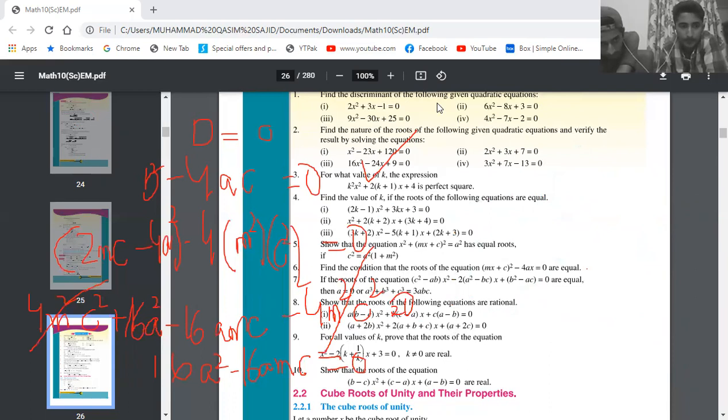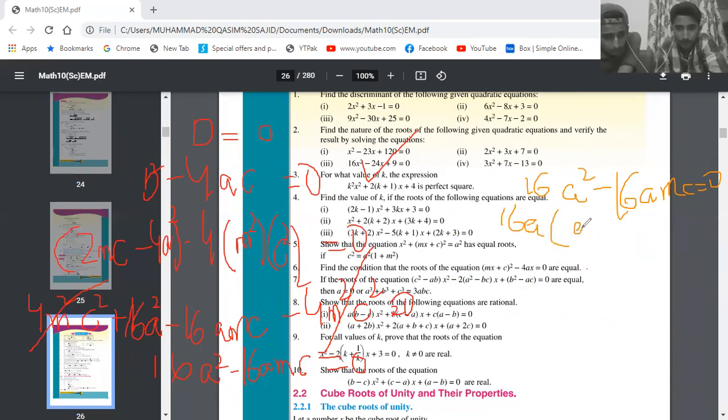So this must be 16a square minus 16amc equals 0. Taking 16a as common, it must be a minus mc equals 0.